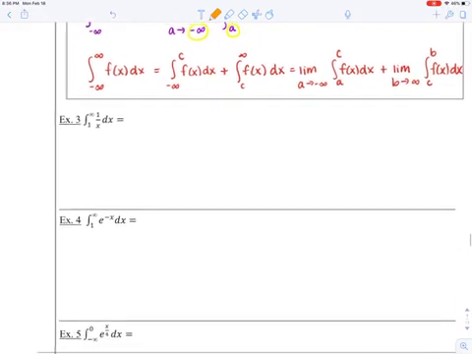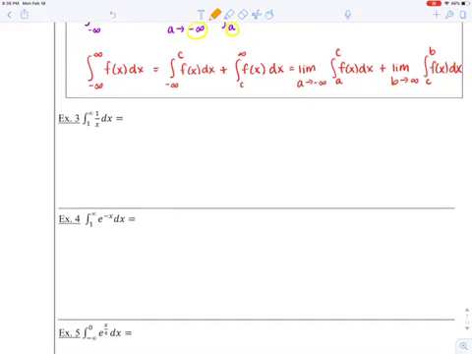So we're going to start with the example we just worked with: the integral from 1 to infinity of 1 over x dx. You'll immediately notice there's an infinity in the upper bound. Because we just did this a minute ago, you know this thing diverges. But how do I prove that mathematically?